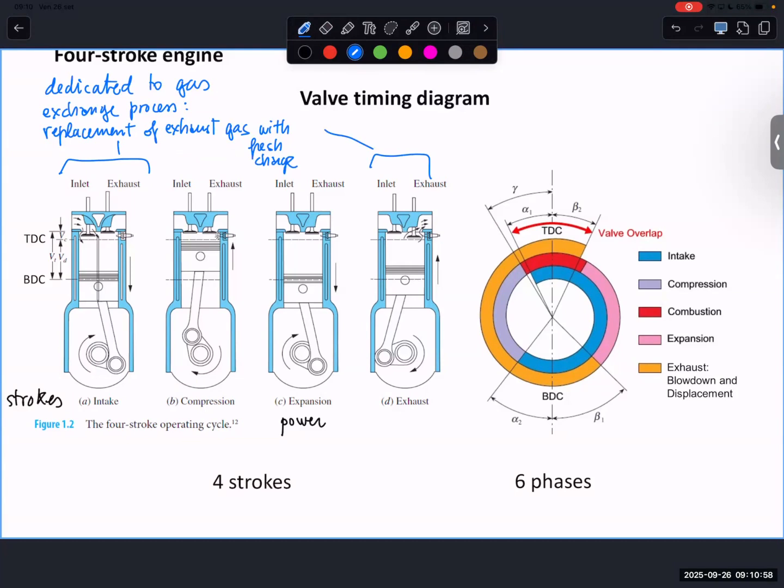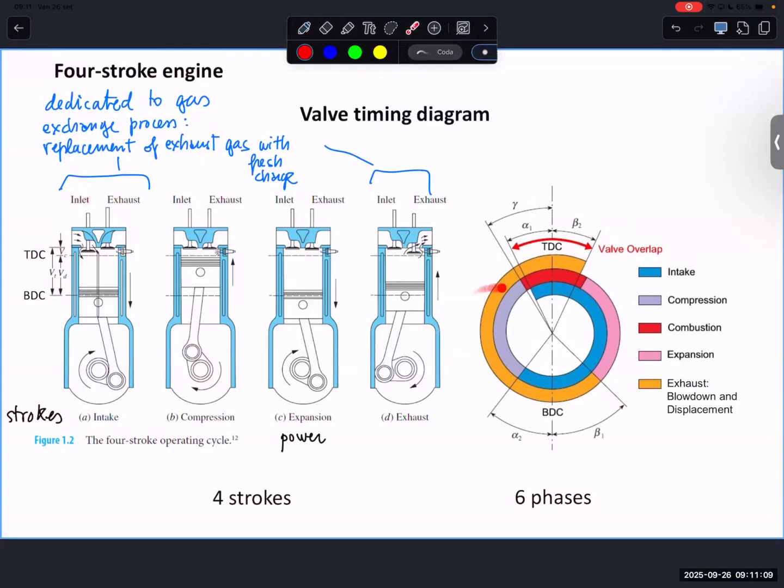So exhaust and intake, we can consider that they are close, because as you are repeating, after exhaust you have again the intake stroke. So we are repeating, this is a cycle. After exhaust, you are going back to the intake stroke and the cycle is repeated.